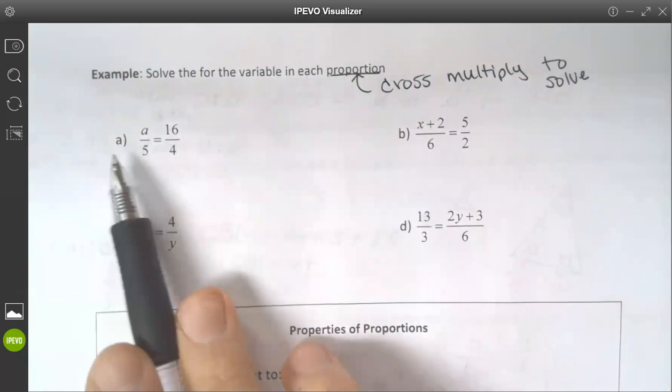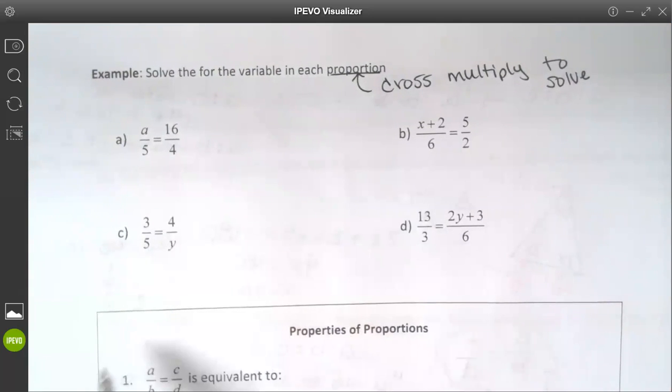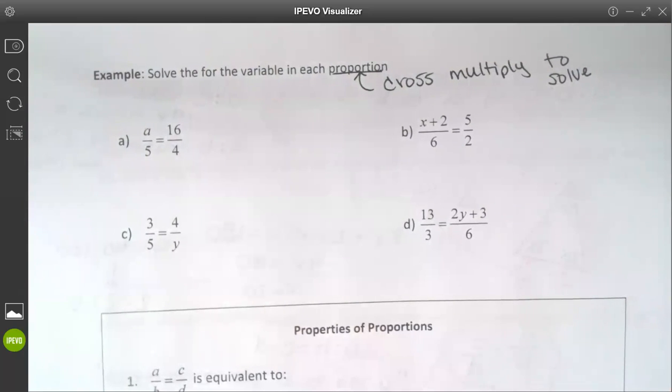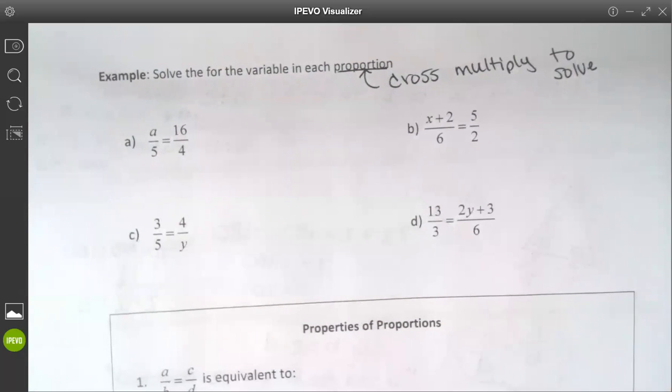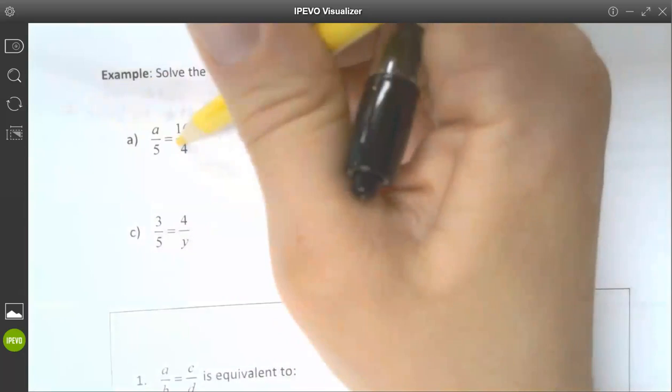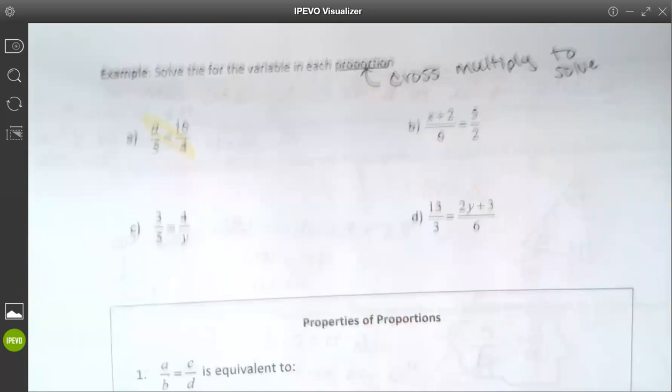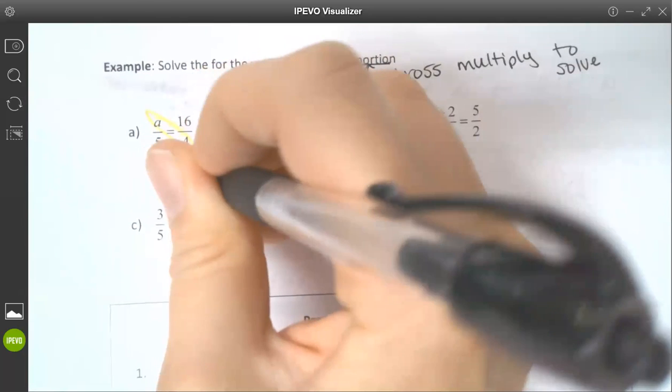So for each of these, I have a variable somewhere in here, and I'm going to cross multiply to solve for that variable. What are my extremes here? What can I multiply together? A and 4. So here's my extremes. 4 times A is just going to give me 4A.